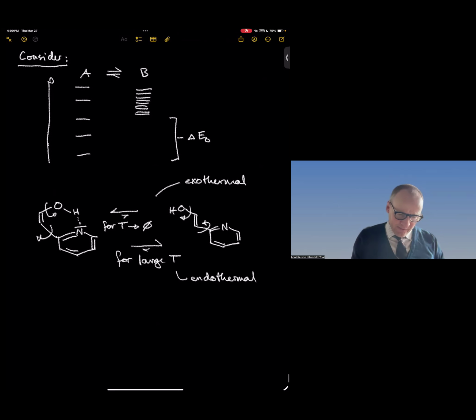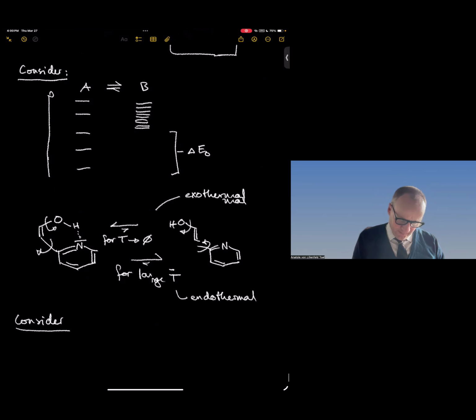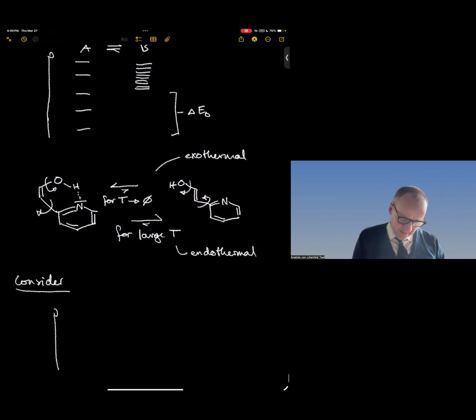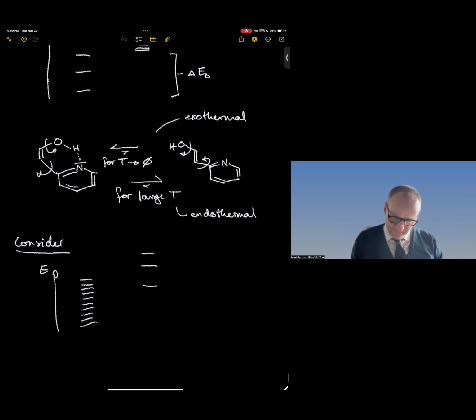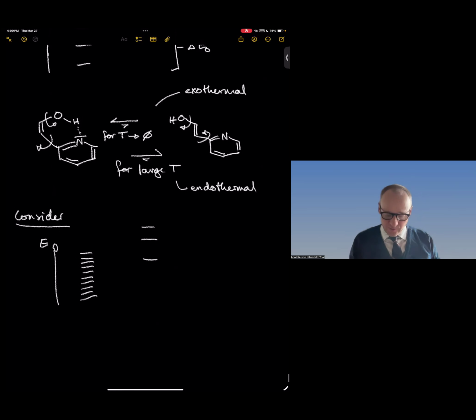Now, we can, of course, also include a trivial example where we have energy, and system A has a very dense spectrum and system B has a high-lying sparse spectrum.